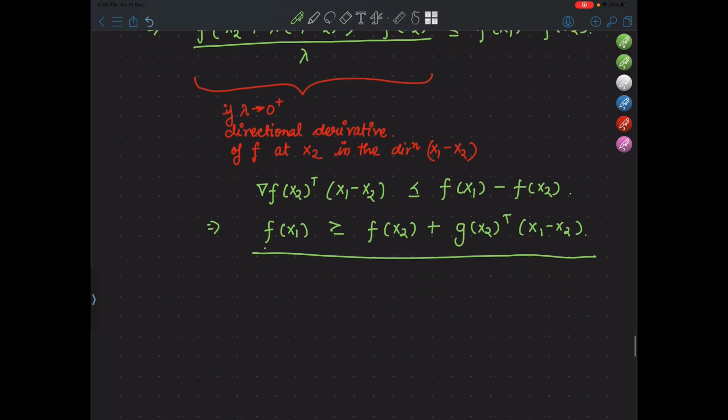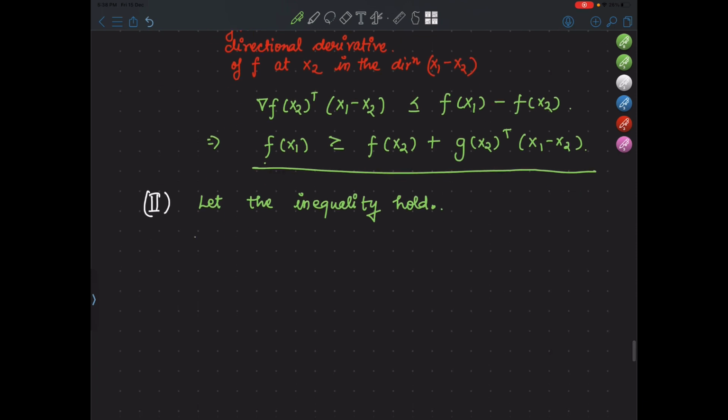Now in the second part of the proof, we'll assume that the inequality holds. Okay, which means f(x1) is greater than or equal to f(x2) plus g(x2) transpose (x1 minus x2). This is true.